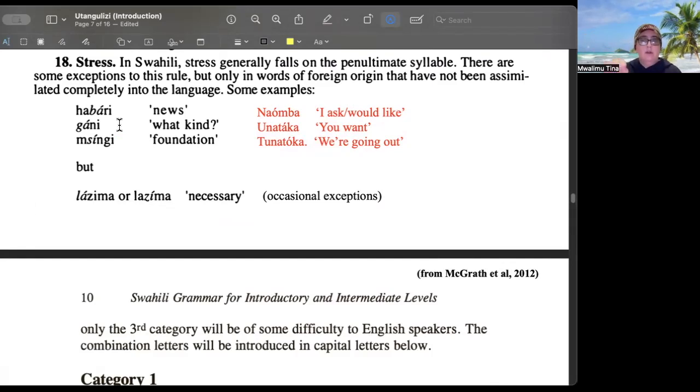We have gani. Another example, msingi. We also have naomba, unataka, tunatoka.